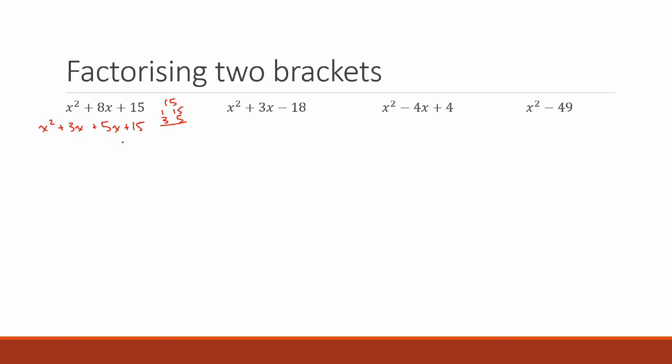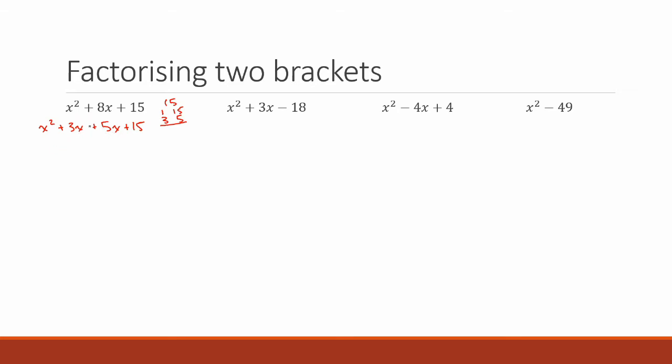Although sometimes once you're used to doing this, you'll notice that a certain number will be easier to use with this final term here, or this number might be easy to use with your x squared. You'll just get used to seeing that, and so you can swap them around however you want because we are adding them both here.